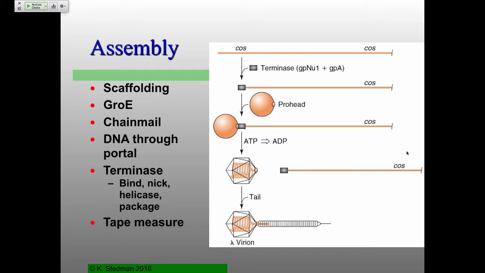So you end up with multiple copies all attached end to end. The terminase protein binds to one of those ends, packages one copy of the genome inside a prohead structure, and then cuts this off, finds another prohead, puts it into the next COS site, etc. So that's the whole process on how you package the genome of lambda inside the head structure.